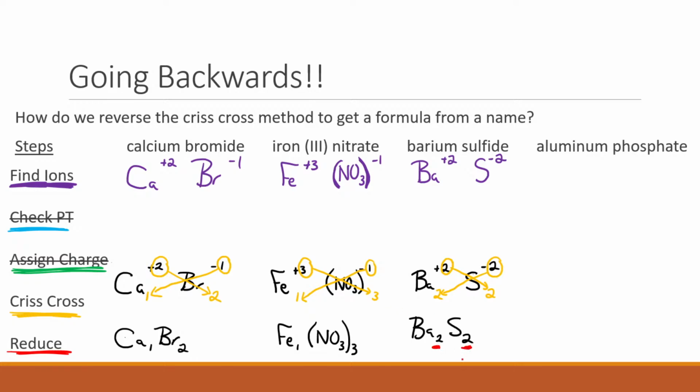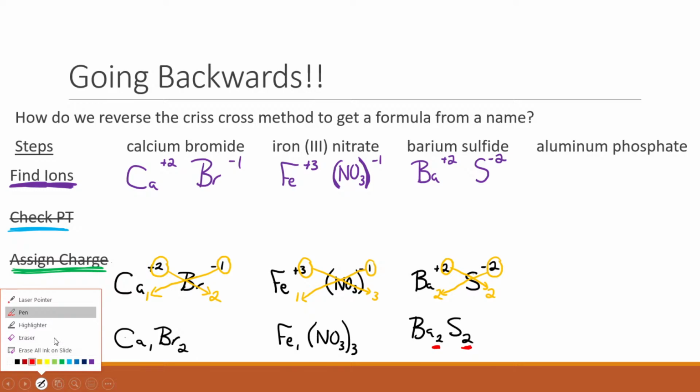And I asked the same question I asked every other final step. Can I reduce the numbers that I have crisscrossed? And here the answer is yes. Yes, I can. A 2 and a 2 can be reduced and be a 1 and a 1. So here, I'm not actually done yet. I must reduce if I can reduce.